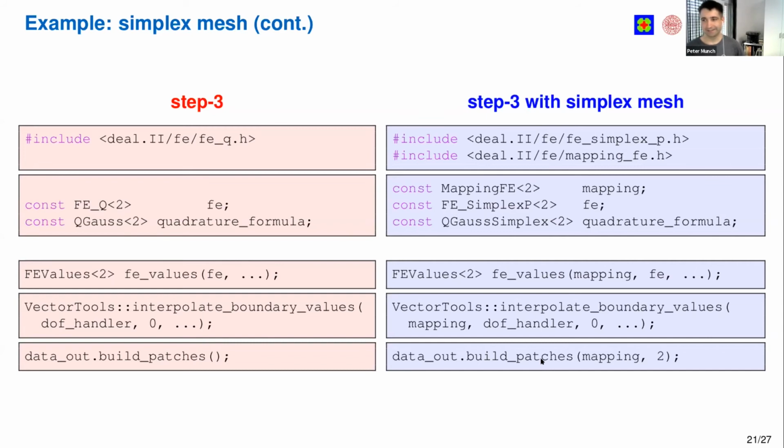It's more related with the fact that we have selected a different mapping class. And so we have to pass it to FEValues and the vector to the function. But that's also what you are doing if you select some other mapping classes. Okay, that was not too much work to extend step 3 to simplex meshes.